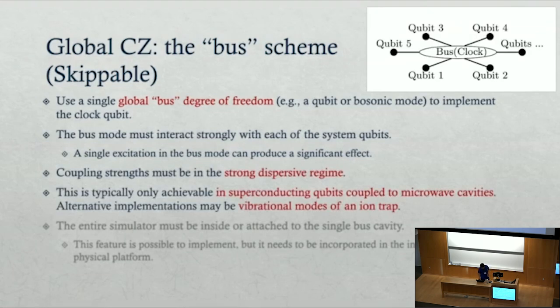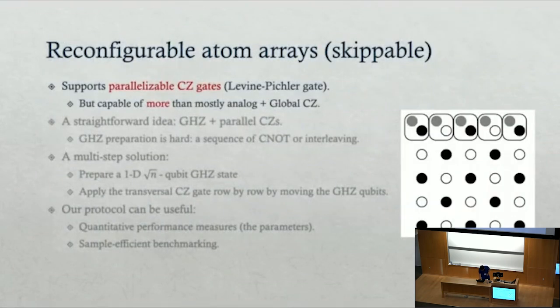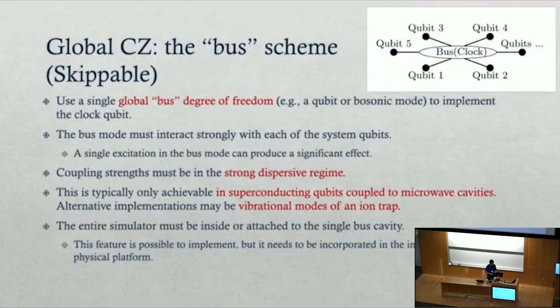So maybe the main takeaway from this slide is that this kind of scheme is possible to implement, but it might need to be incorporated in the initial design of your physical platform. This means that if you want to use the boson scheme to run our protocol, you might need to design your experimental platform from scratch.